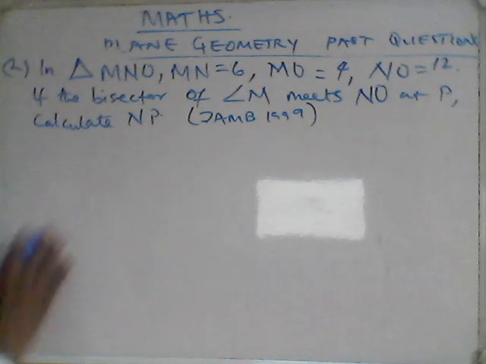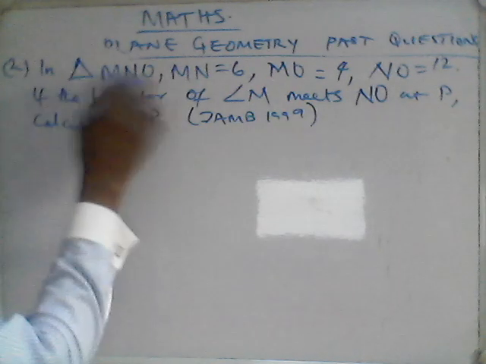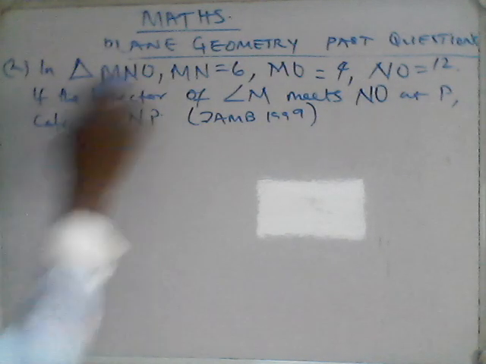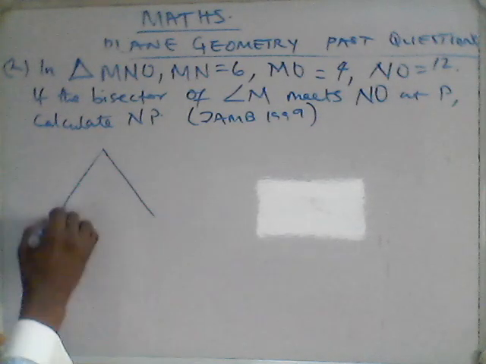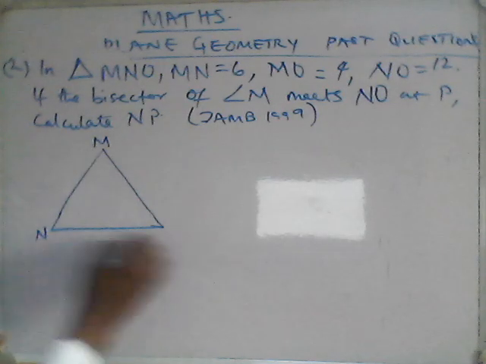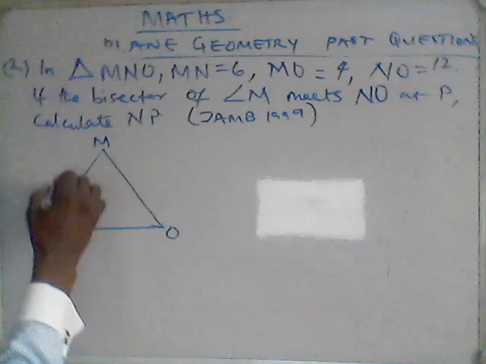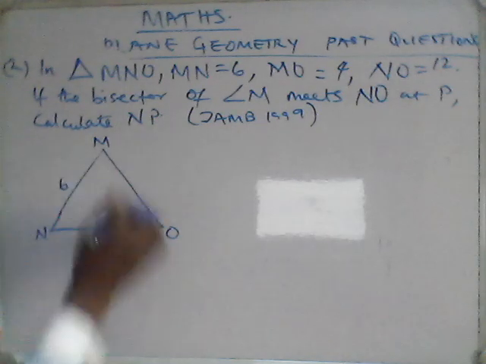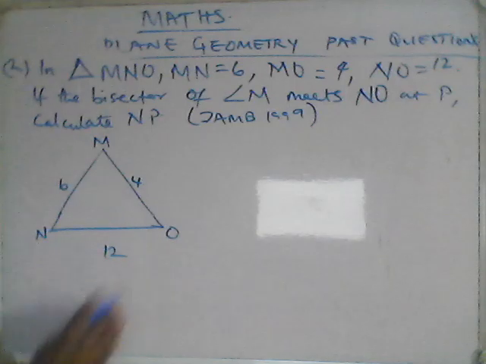First of all, this story we can represent in a diagram. So I have triangle MNO like this. MN is 6, MO is 4, NO is 12.